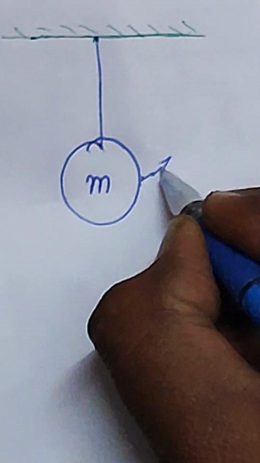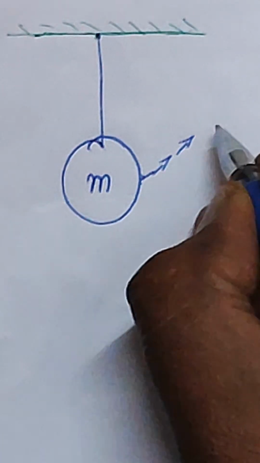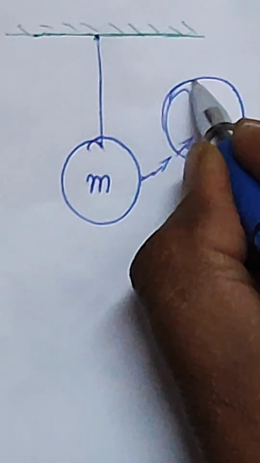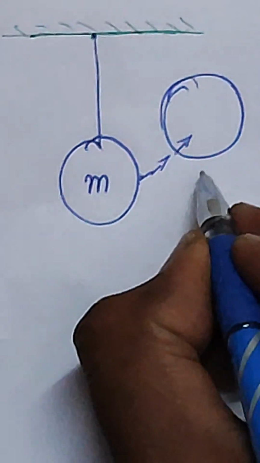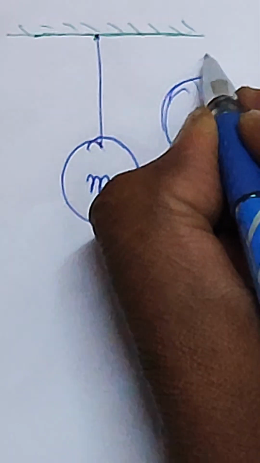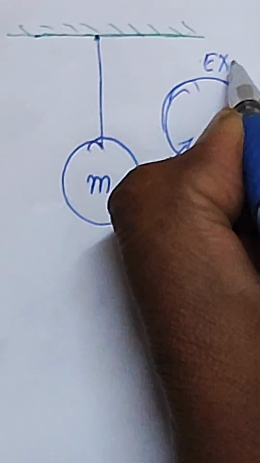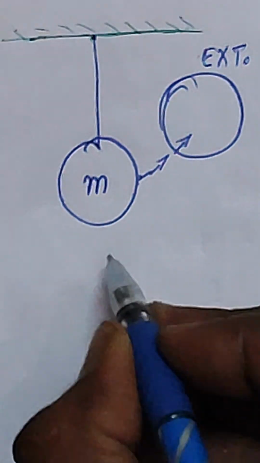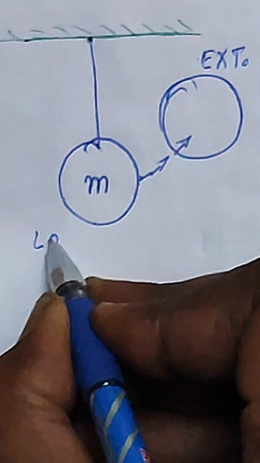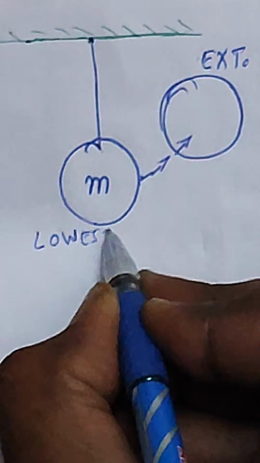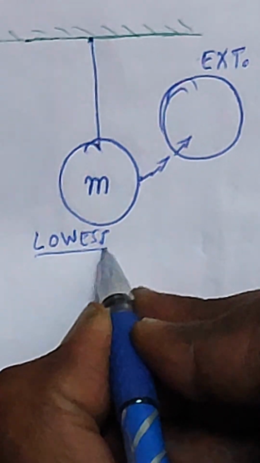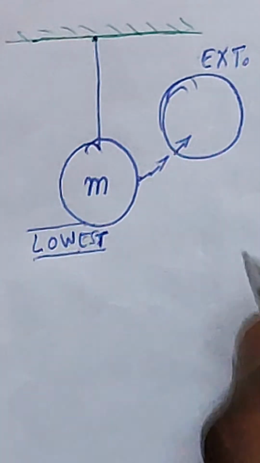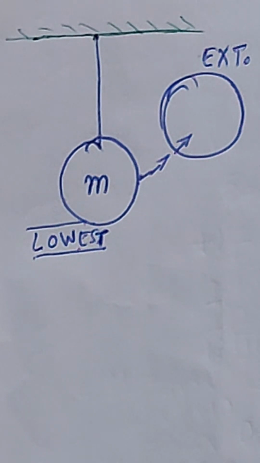The ball will be moving towards here, and let us say this is the extreme position of the ball, and this is the lowest.